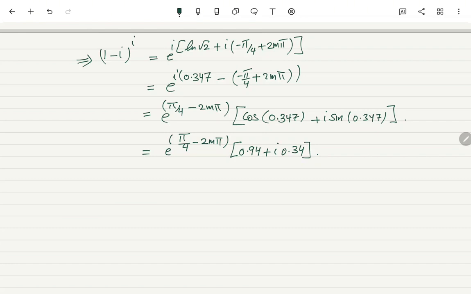Therefore 1 minus i to the power i, again it has an infinite number of complex values.